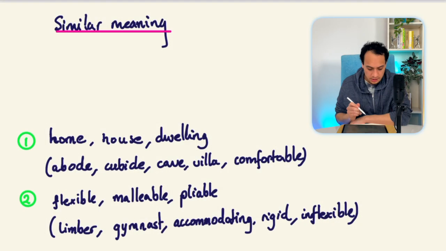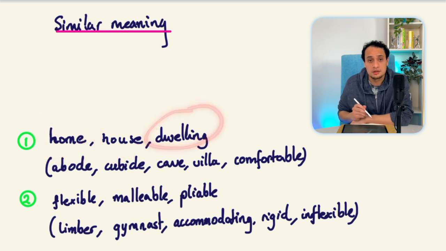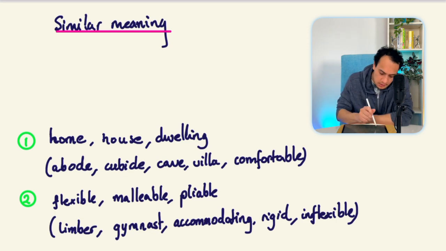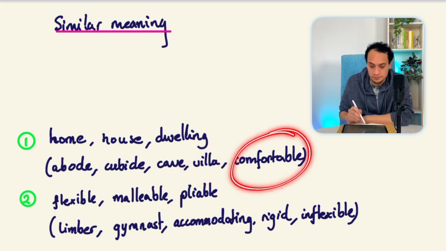Okay, so we're presented with these 3 words here: home, house, and dwelling. Now they are specifically places in which you live. So we're presented these 5 words: abode, cubicle, cave, villa, and comfortable.